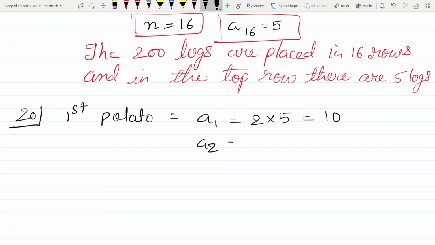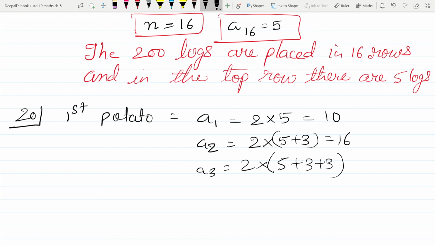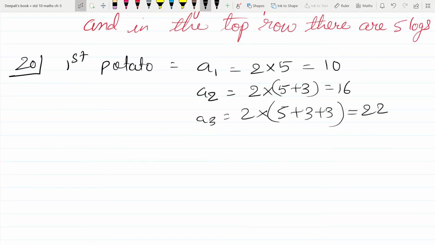A2 will be 2 into 5 plus 3, that is 16. A3 will be 2 into 5 plus 3 plus 3, that is equal to 22. So my AP will turn into 10, 16, 22 till the 10th term.